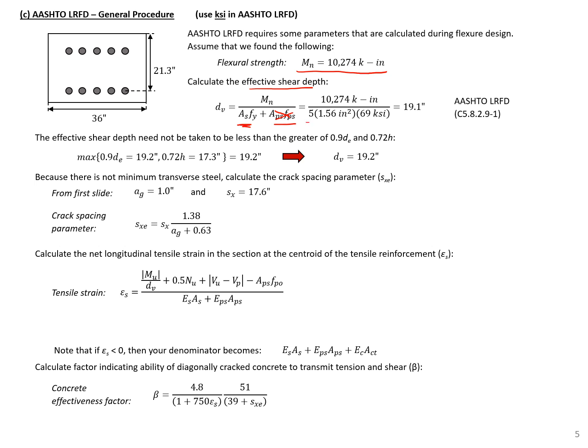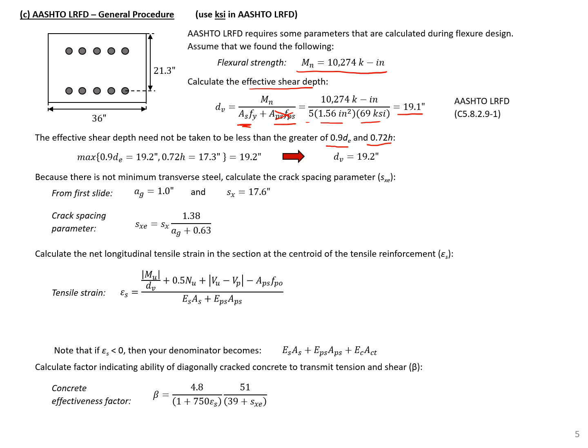So we have 5 number 11 bars with a yield strength of 69 ksi. Our Mn, we'll say that we found before for this section, is equal to 10,274 kip inches. So we can find our dv equal to 19.1 inches. AASHTO also tells us that this dv doesn't need to be less than the greater of 0.9 de and 0.72 h.